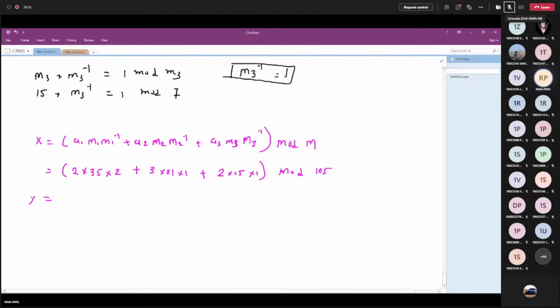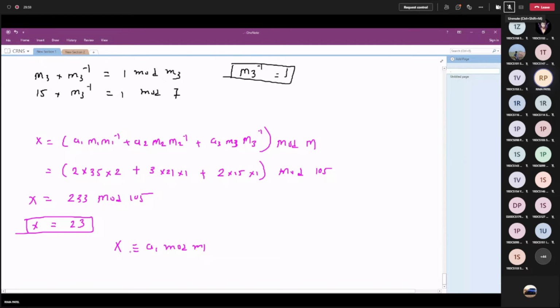Tell me the value of x directly. 233 mod 105, and x will be 23.